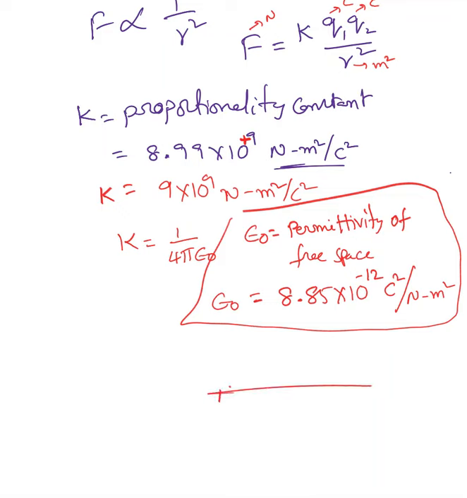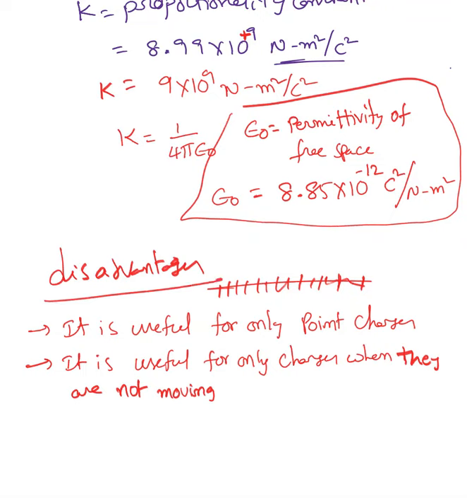At the same time, if the charge is moving, we cannot use Coulomb's law to find the force. So the disadvantage is that it is useful only for point charges that are not moving.